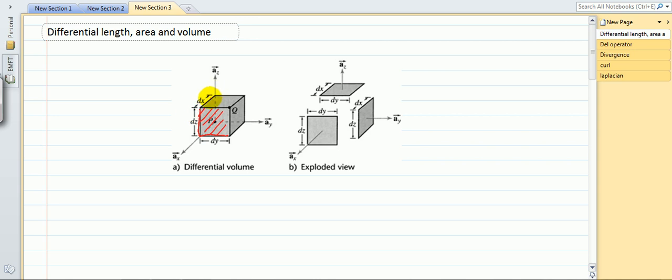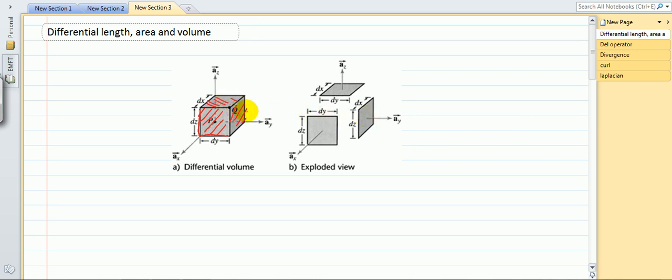If I consider this surface, the variables are dx and dy. If I consider this surface, the variables are dx and dz. You can see here dz dy for this surface, dx dy for the upper surface, and dx dz for this surface.